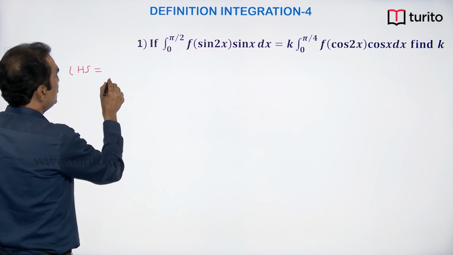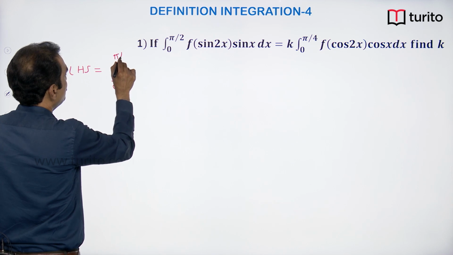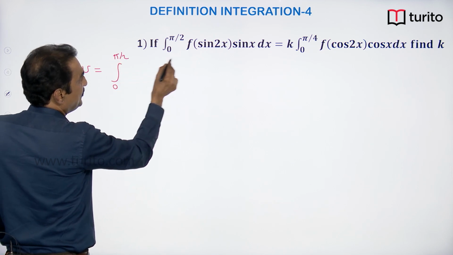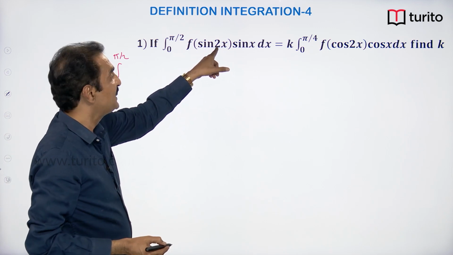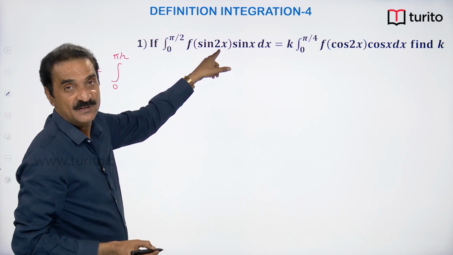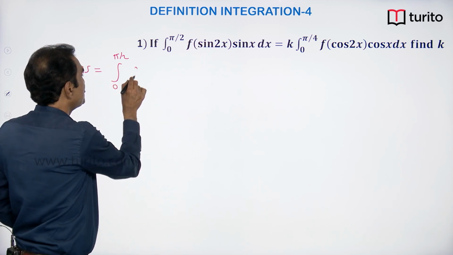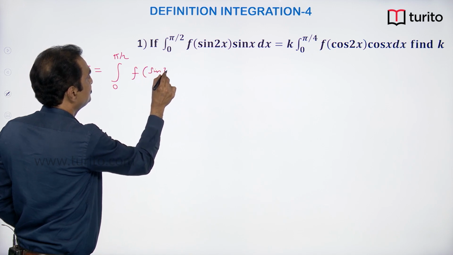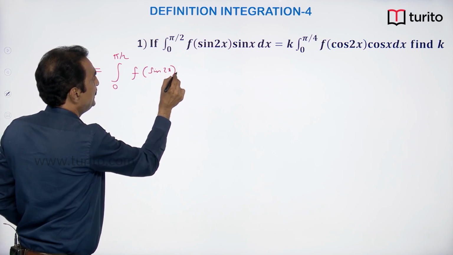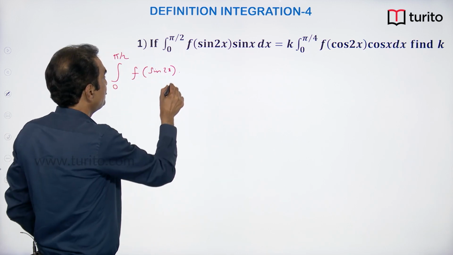LHS is equal to integral 0 to pi by 2, replacing x by pi by 2 minus x, sin of 2 into pi by 2 minus x is sin of pi minus 2x. It remains as it is. So, it is f of sin 2x into, here sin pi by 2 minus x becomes cos x.